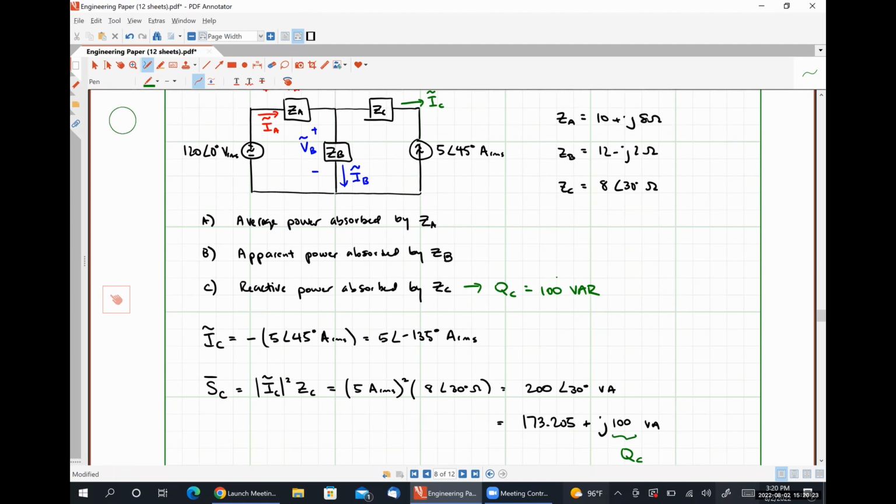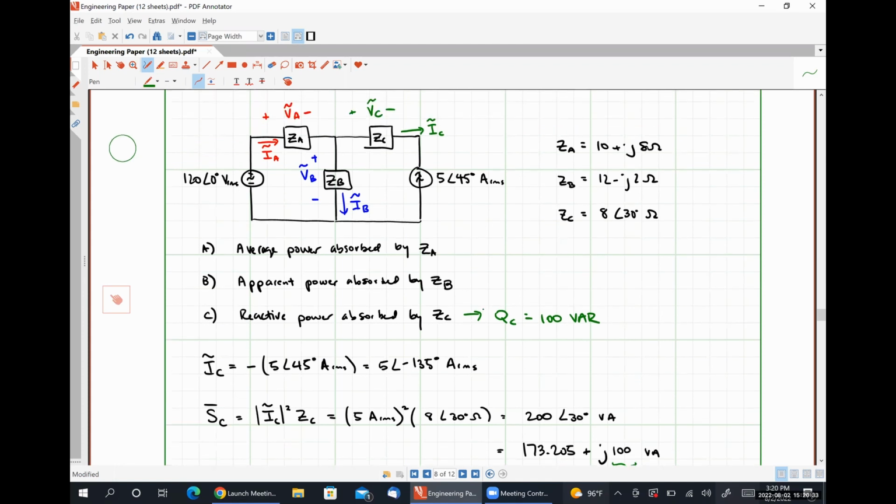Now, let's solve part B next. So I'm going to figure out what the voltage VB is by using my modified nodal analysis technique. So effectively, I'm saying this node right here is ground, and this node right here gives me my RMS phasor voltage VB.